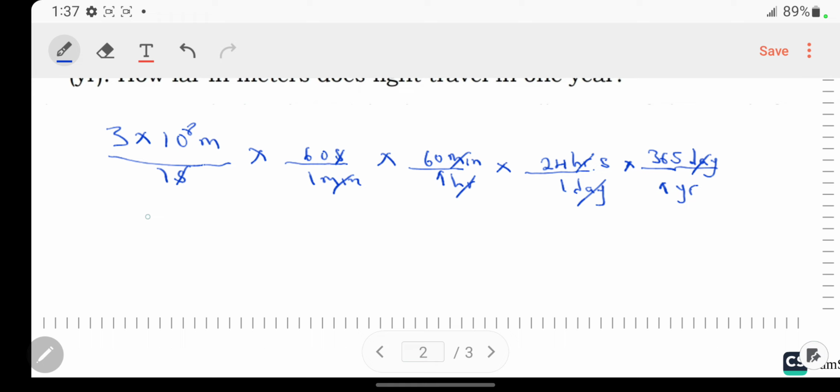So light will travel a distance of 9.4608 by 10 raised to the power 15 meters per 1 year. So in a year, light will travel 9.4608 by 10 raised to the power 15 meters. So that is how we use the chain link conversion, and it's a very reliable method.